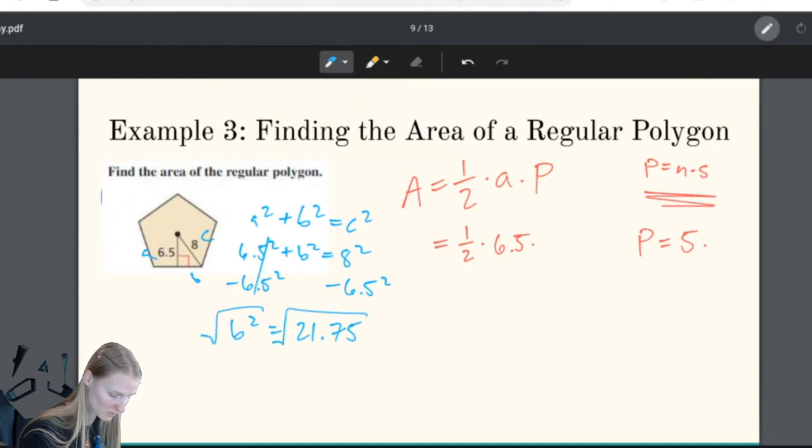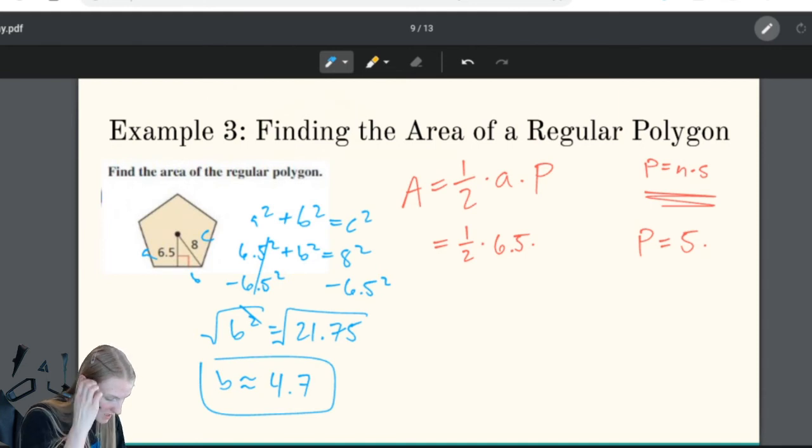Take the square root of both sides, and b is approximately 4.7. Approximately 4.7. Now 4.7 was just this chunk right here, and we want the whole side.